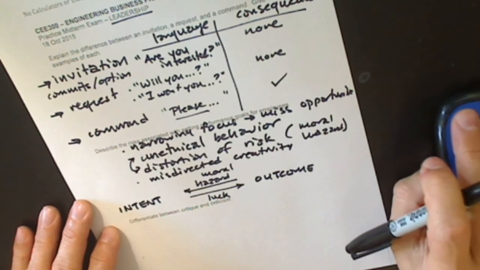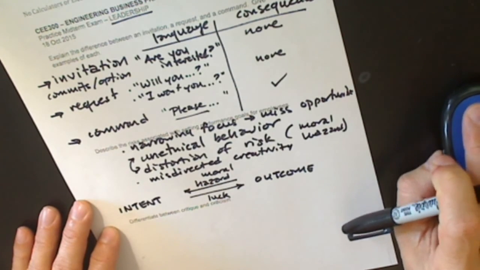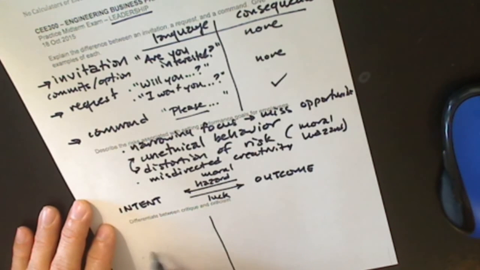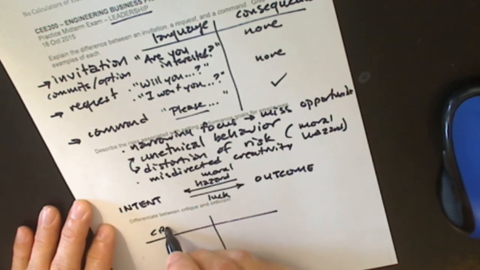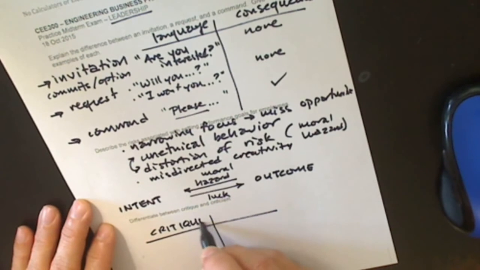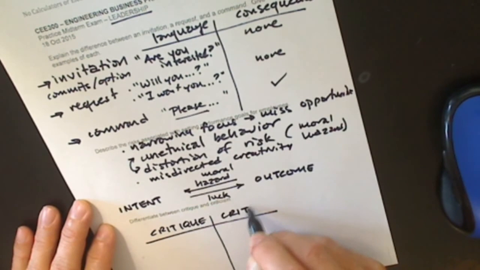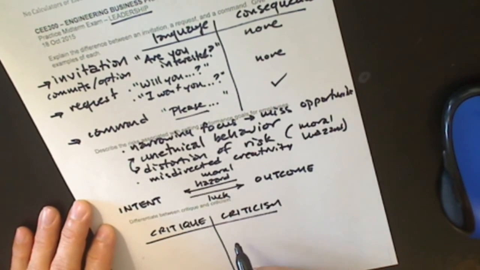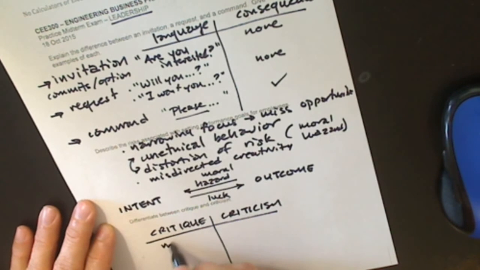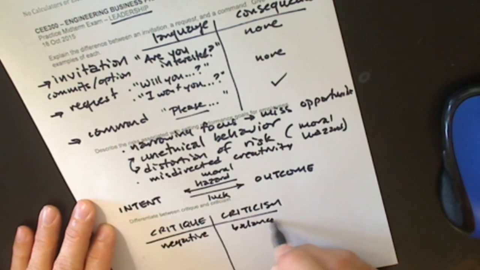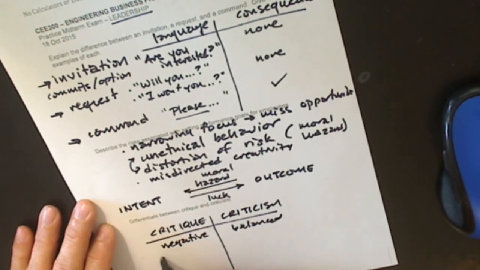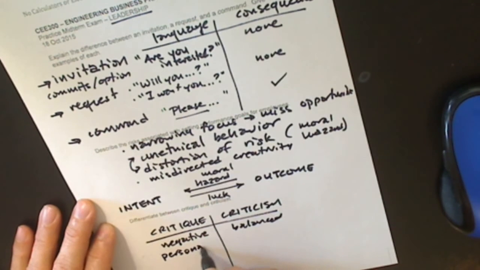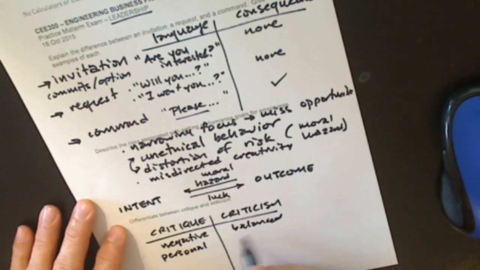Differentiate between critique and criticism. We did a table in class. I'm going to summarize it here. Critique and criticism. We characterized critique as negative, criticism as balanced, critique as personal, focused on the person, and criticism as focused on the object of work.